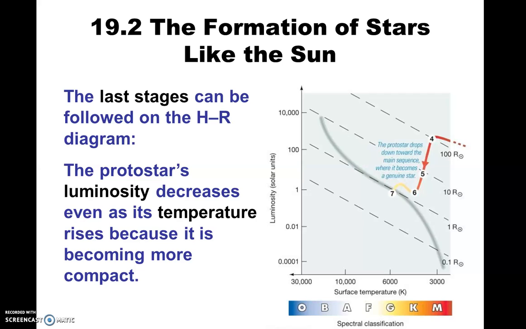You're talking about maybe 100 years of data. So there's no way that there's enough time to follow these stars from stage 4 to stage 5 to 6, and then ultimately dropping onto the main sequence, which is the final stage, stage 7.